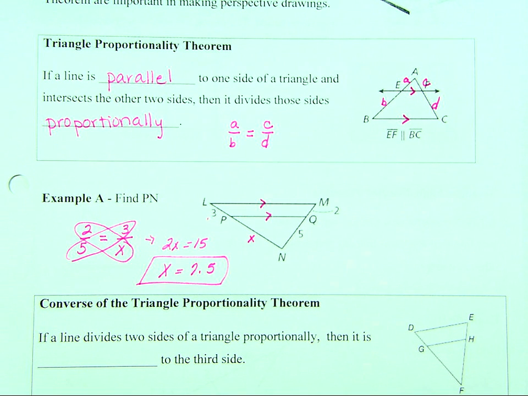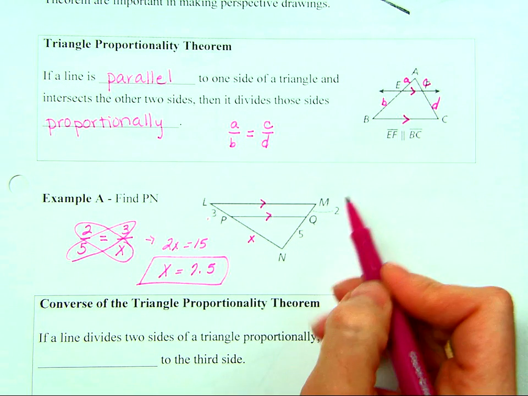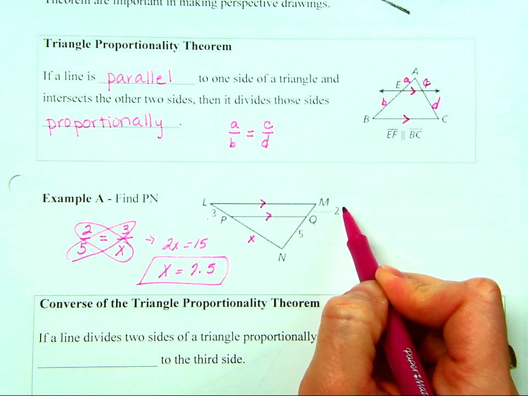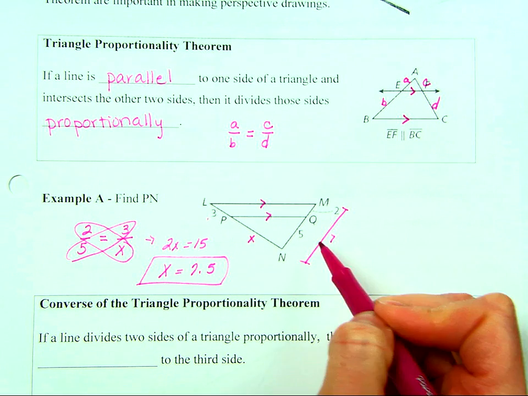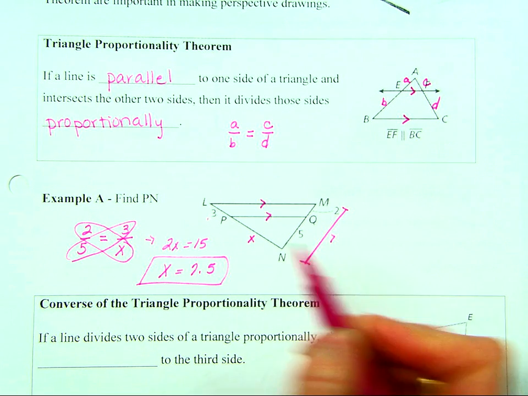Now that is different than how we would have done it in the previous lesson, because we would have used similar triangles in the previous lesson. So I want to show you something. I could have set that proportion up as if my whole side length here was 7 and I wanted to use similar triangles.